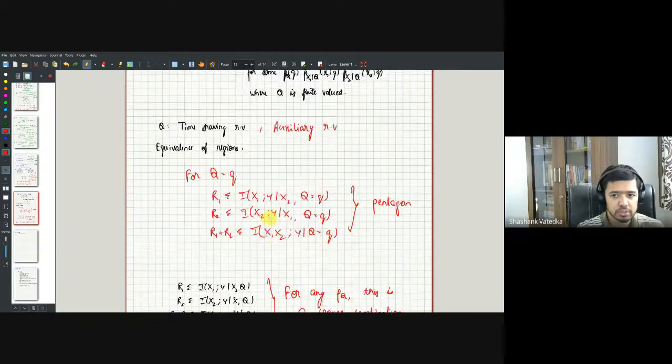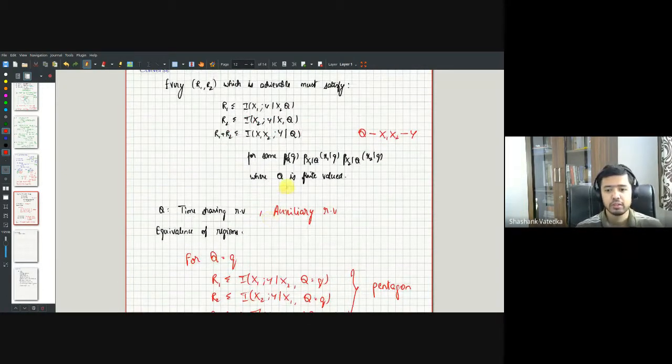So using these approaches, by knowing that the size of Q is suitably small, to find out whether a particular R1 and R2 are achievable, you just search over all possible distributions P(Q), P(x1 | Q), P(x2 | Q), and then in this search space, find out whether R1, R2 satisfies these inequalities.